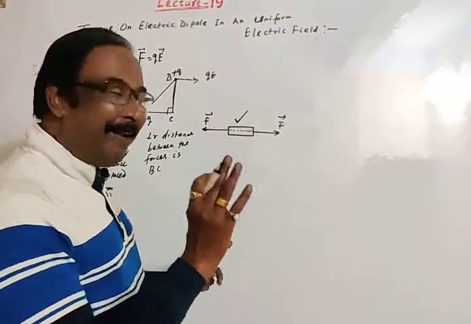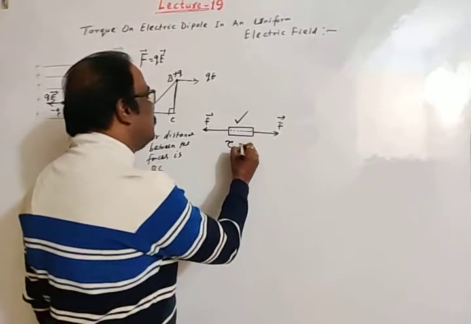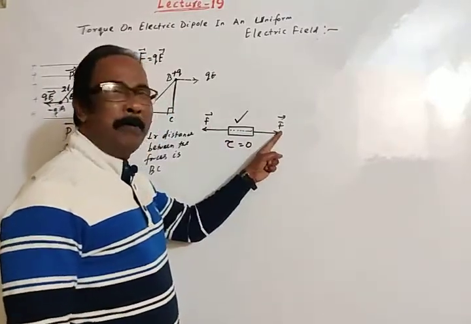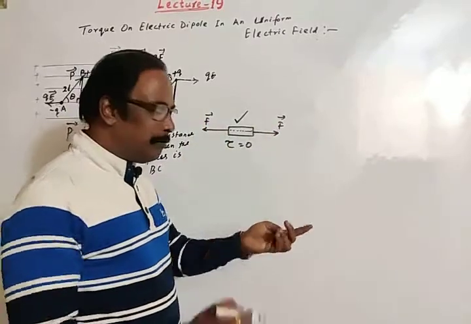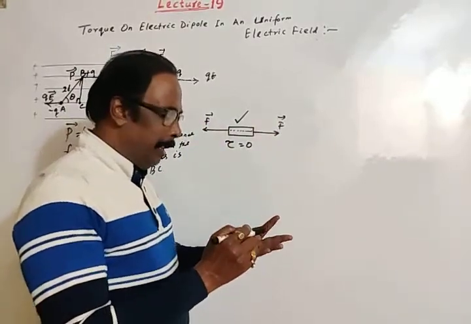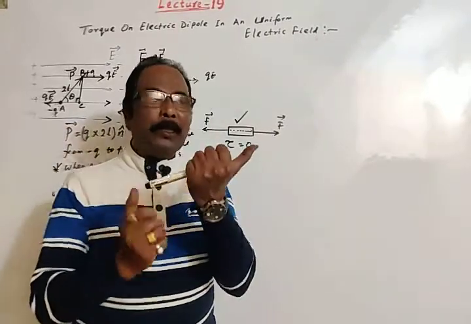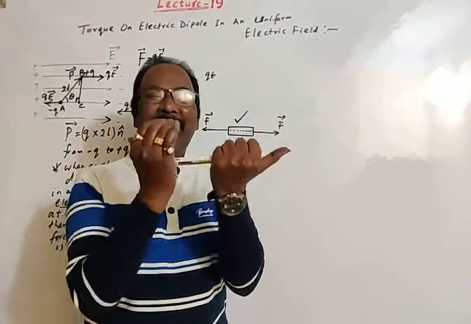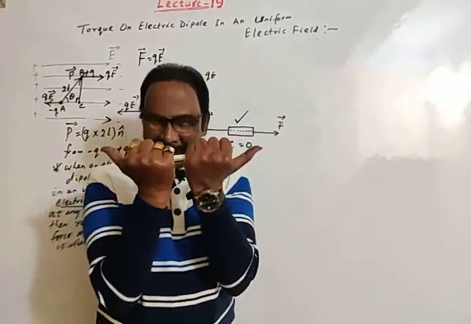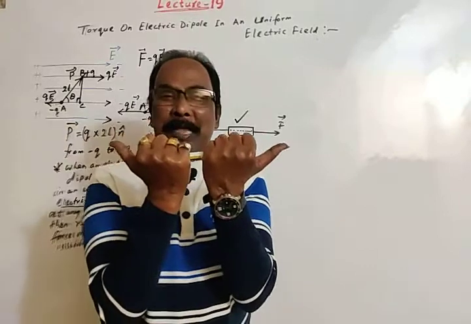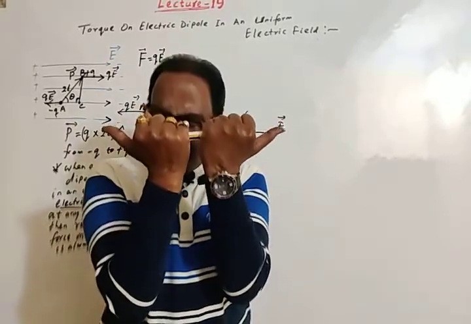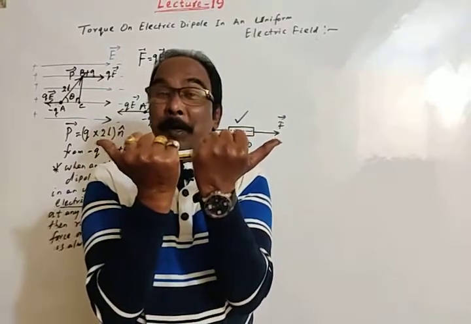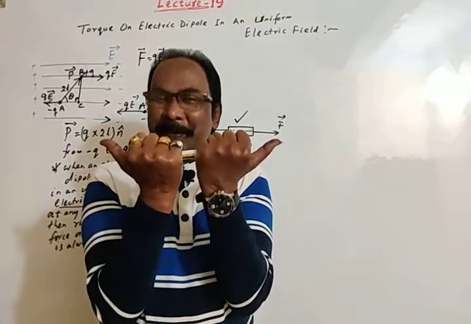Okay. But here the resultant torque is also 0. Why? Because these two forces have the same line of action. Simply, I am holding a body. I am pulling the body towards my left, and pulling the body towards the right. Okay. So these two forces are equal in magnitude and opposite in direction, whatever force I apply.